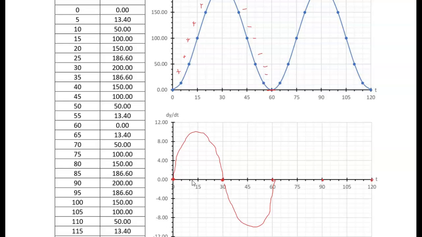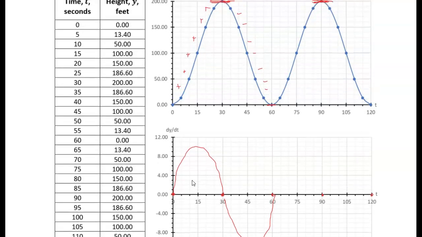And then you can see it goes positive again. It's an increasing function. Slope is positive in this segment. So again, it's going to be above the x-axis. I'm just sort of sketching it, so not very wiggly lines here. And then in this section between 90 and 120, it's decreasing again.